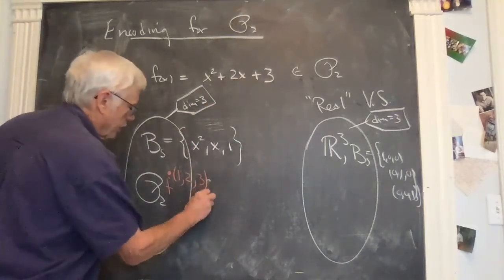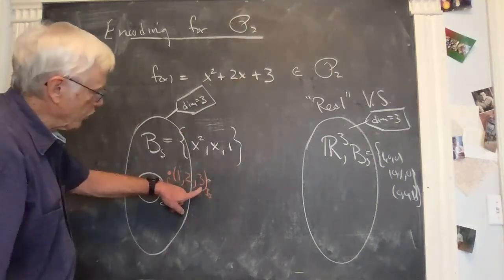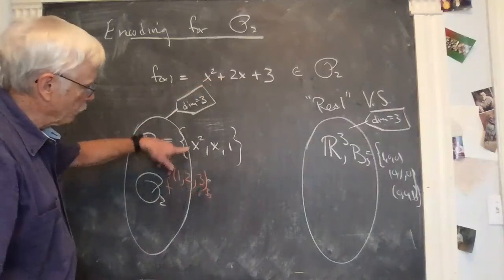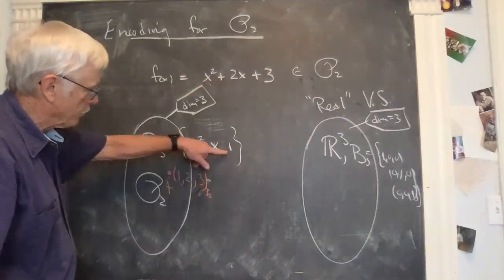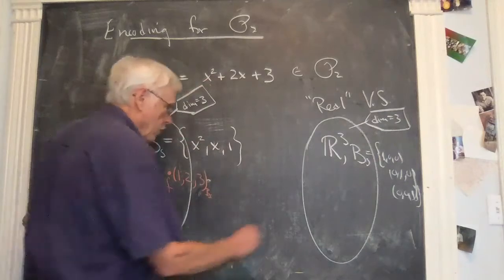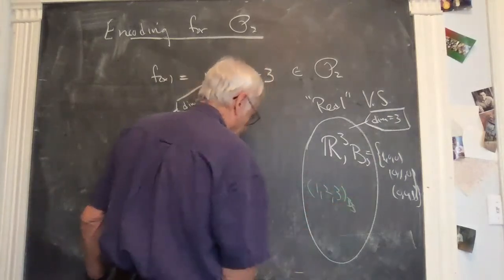So if we are looking at the standard basis in P2, 1, 2, 3 means this function: one of these plus 2 of these plus 3 of these. And I'm going to encode that with 1, 2, 3 with the standard basis over here.